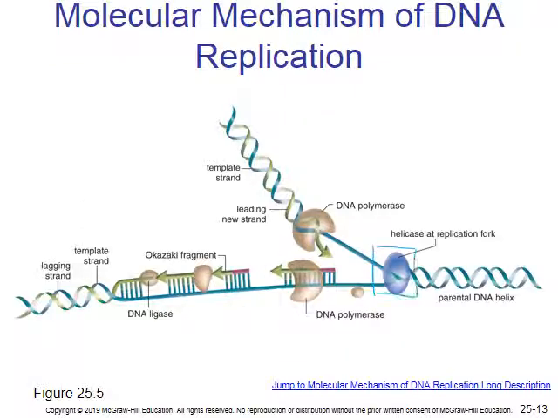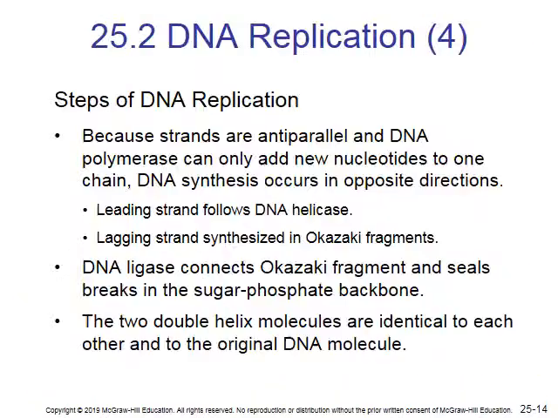In this image, we can see the DNA helicase. This is allowing for the unwinding or unzipping of the DNA helix. And then here we have DNA polymerase, which is reading the parent strand and adding the appropriate nucleotide in creating the daughter strand. Of course, we have to make this a little bit more difficult because the strands are anti-parallel.